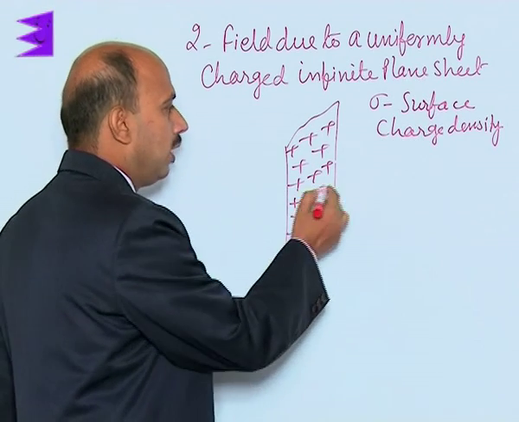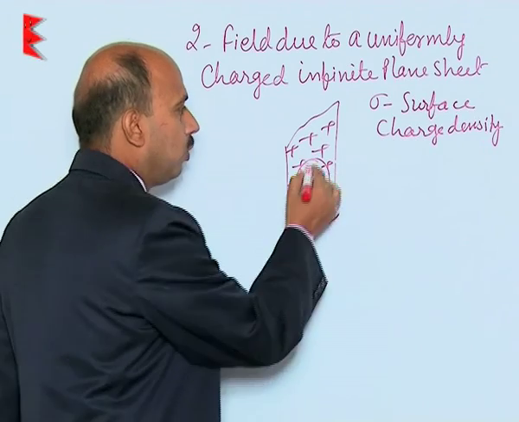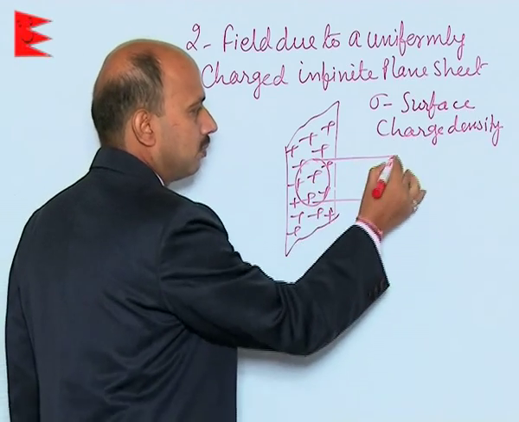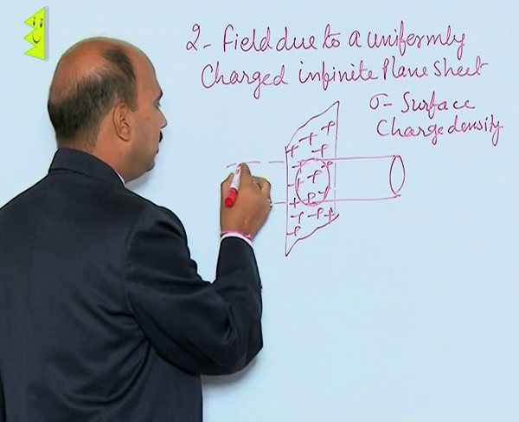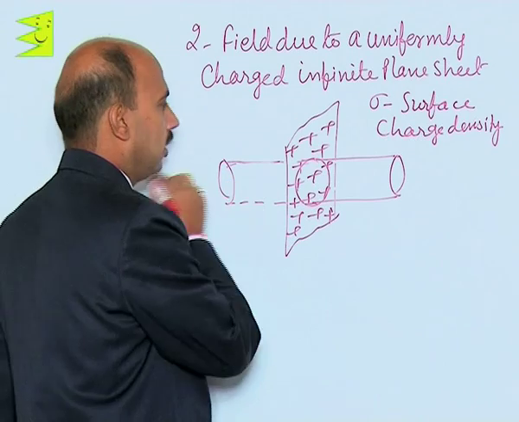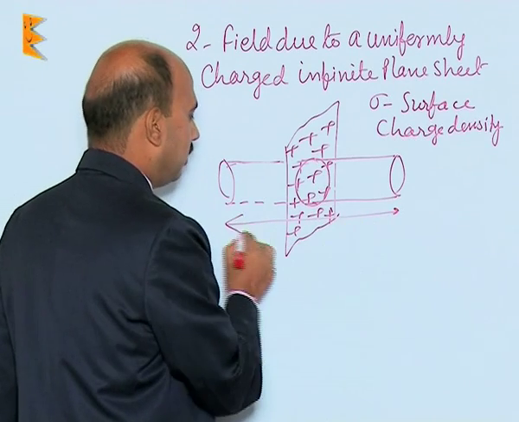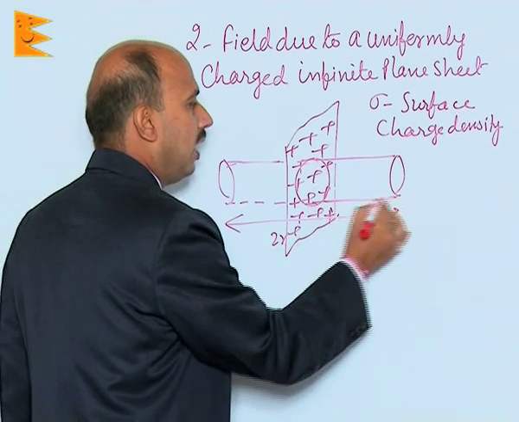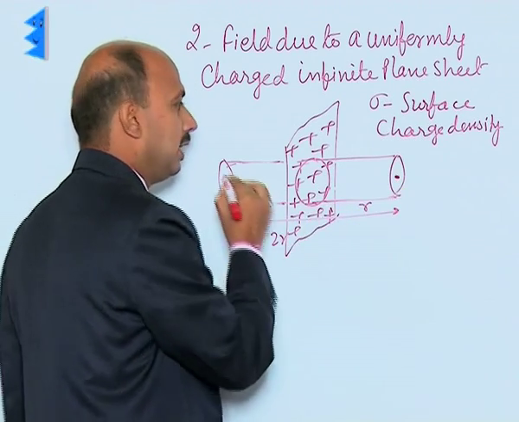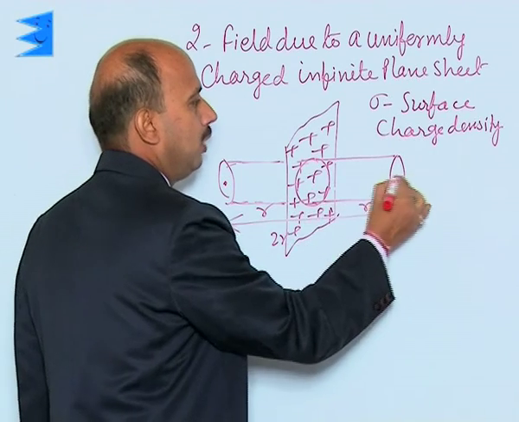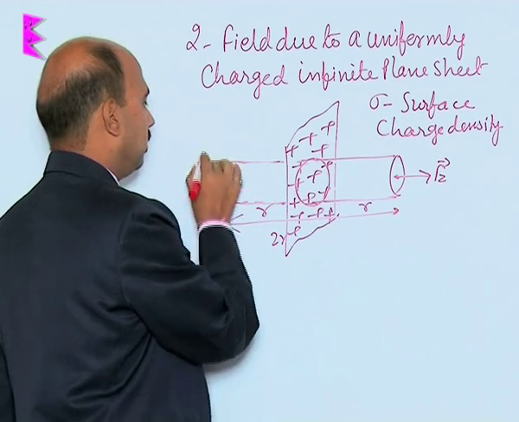Suppose we take this much part of the sheet, which is enclosed by drawing a cylinder, and this cylinder is piercing through the sheet. This whole distance is 2r, so this side is r and this side is r. At this point we take the same electric field, perpendicular to the sheet, in this direction, and here in this direction.